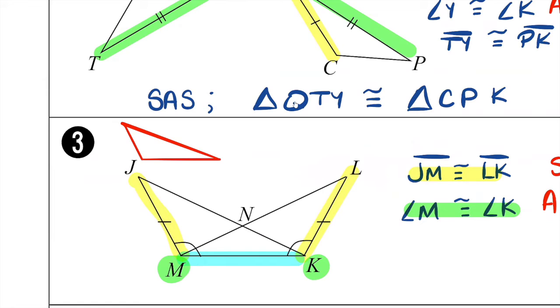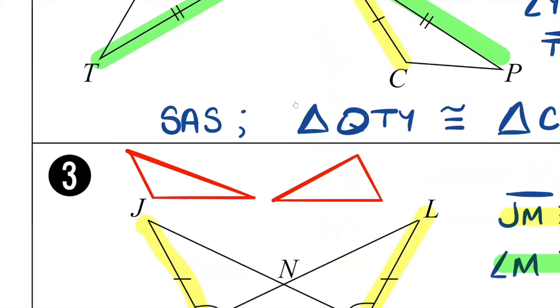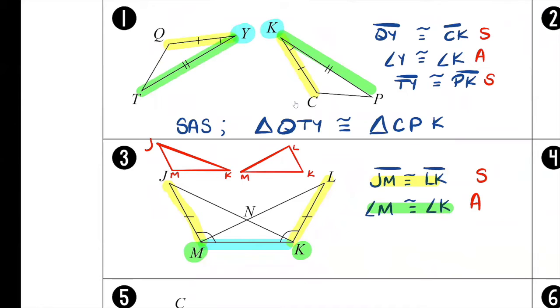So what if I pull those guys apart? Now I've got J, M, K, and M, K, L. What do we know about MK? They're both the same. It's a shared side. So this bottom base is the third piece we need to prove.